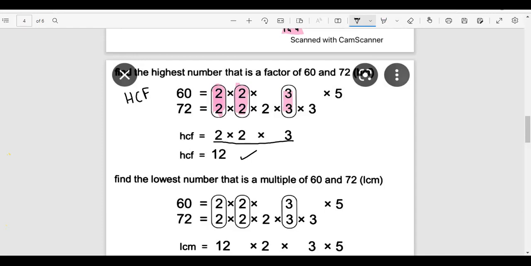Yes ma'am, got it. ठीक है, what is the method? Prime factorizations लिखी, कॉमन वाले हाईलाइट किए और कॉमन वाले एक एक बार लिख दिए, जो कॉमन नहीं आ रहे उनको देखना भी नहीं है.